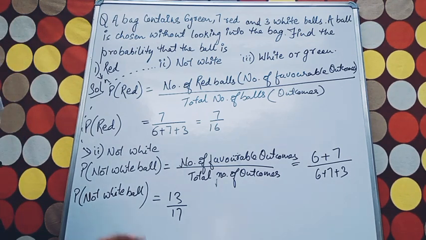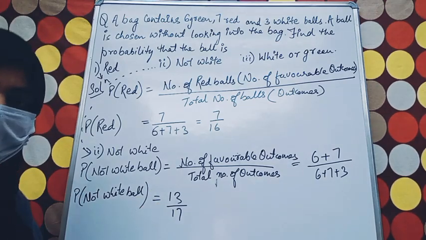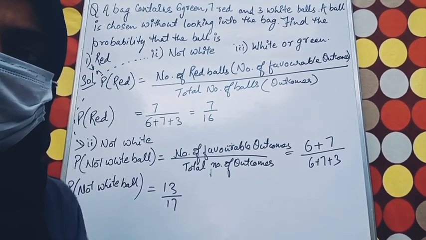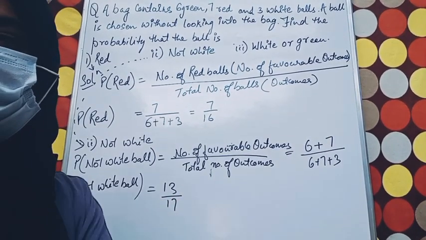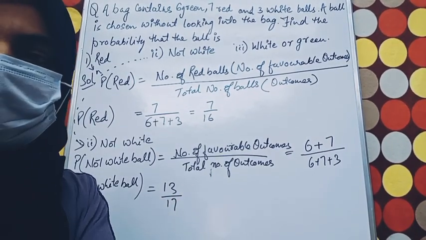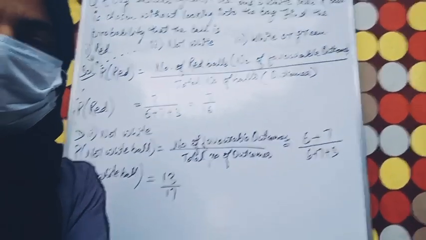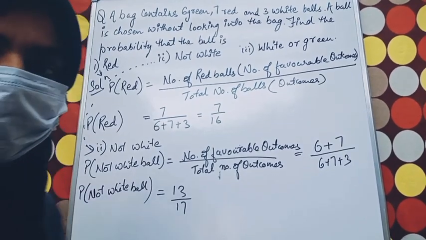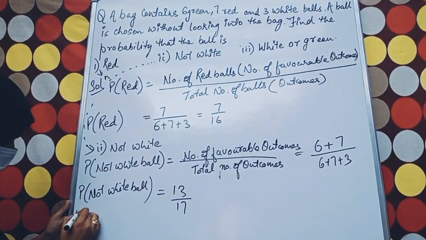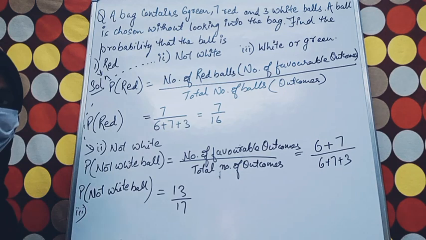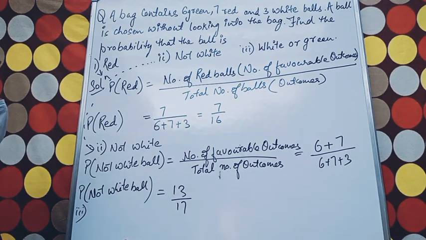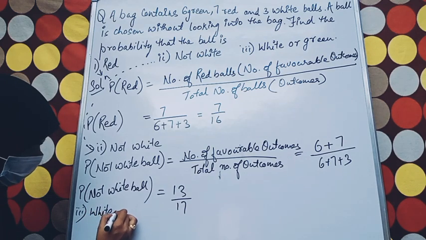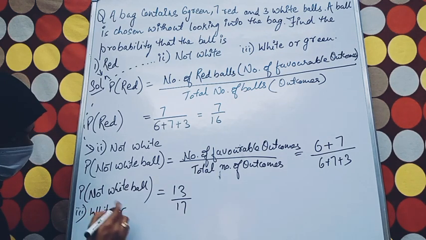Let me do the third part also here. Is the question visible? Yes, the question is visible. The third part says white or green ball.